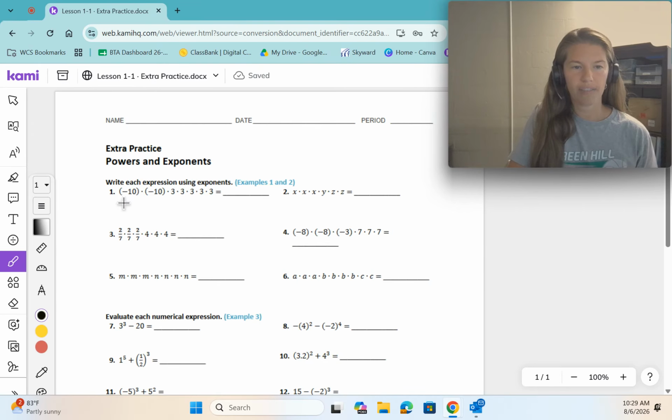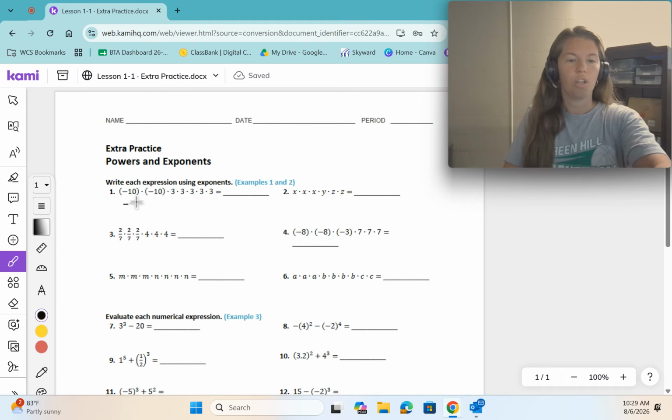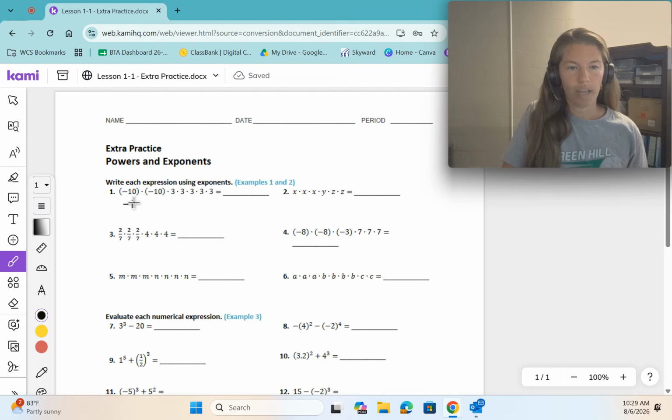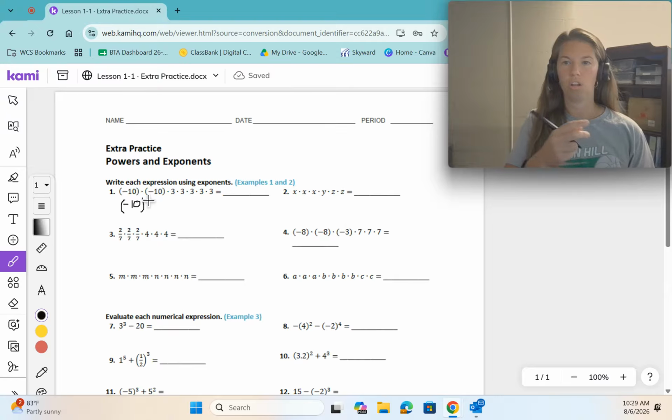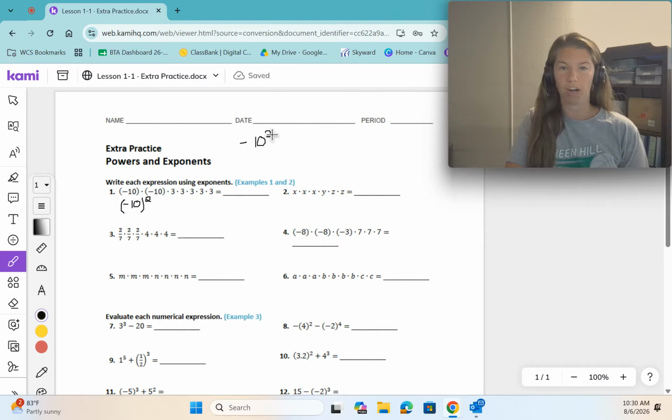Okay, so we have the negative 10 multiplied by itself 2 times. And when we have a negative number and an exponent where the negative number is what's being multiplied by itself, in this case, negative 10 times negative 10, we have to make sure that we use parentheses around the base, because if you were to not, and you were to do negative 10 squared, this would be positive 10 squared, which would be 100, and then you take the negative value of that, which would be negative 100.